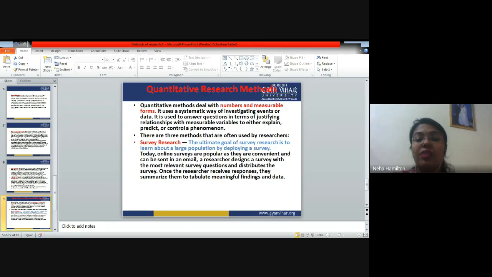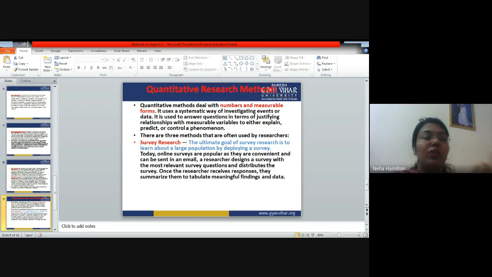So, in survey research, the ultimate goal is to learn about a large population by deploying a survey. Today, online surveys are popular as they are convenient and can be sent in a mail. A researcher designs a survey with the most relevant survey questions and distributes the survey. Once the researcher receives the responses, they summarize to tabulate meaningful data and findings.